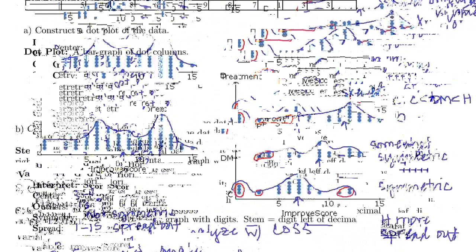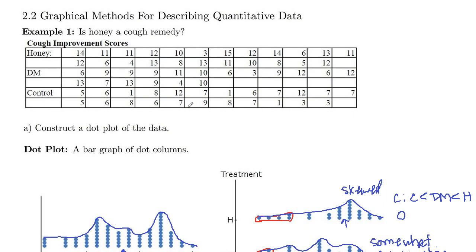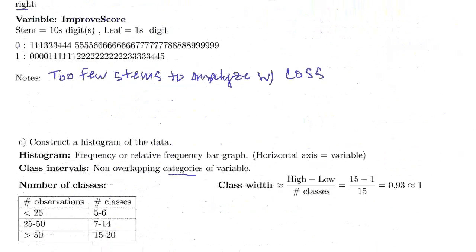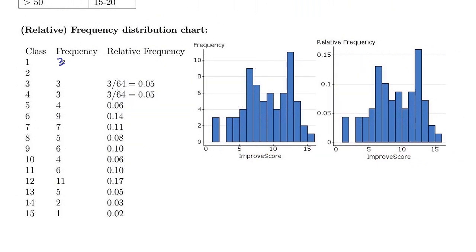So I go back up to my data here, and I count how many 1s I've got in my table there. And I count a total of 3 1s. So you've got a 1 here, and you've got 1 here, and you've got 1 here. And those are all of the 1s in the data. So we've got 3 values of 1. So that first frequency is going to be 3.